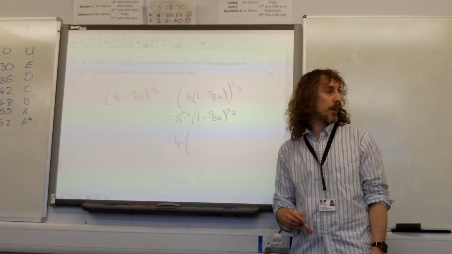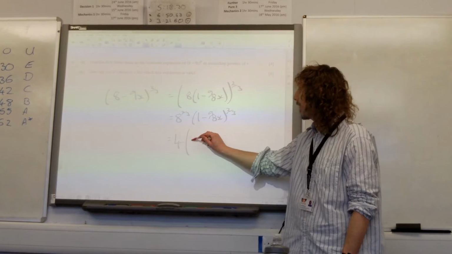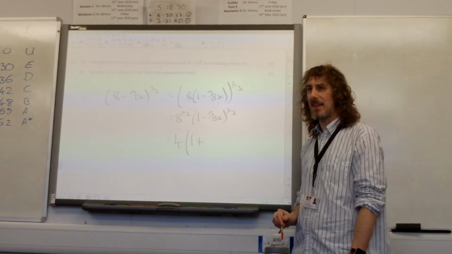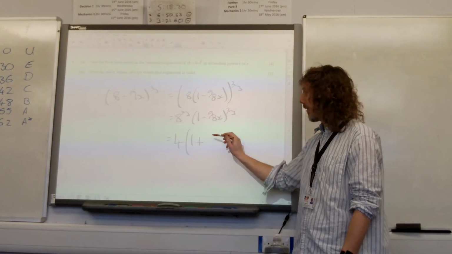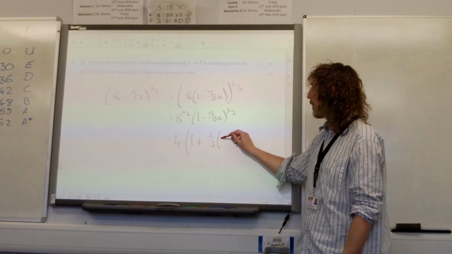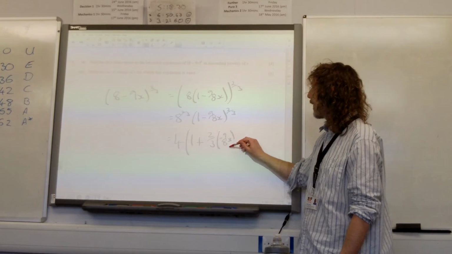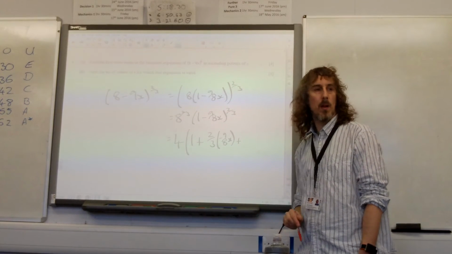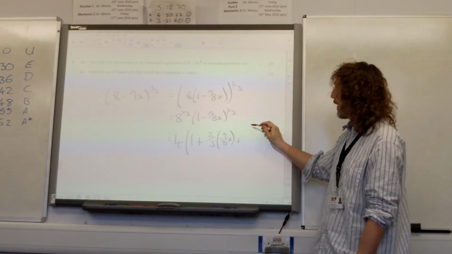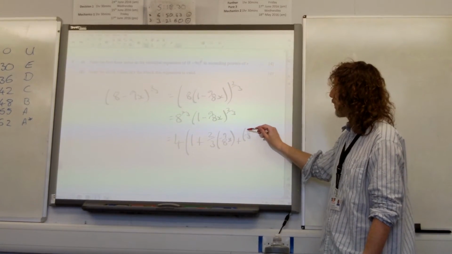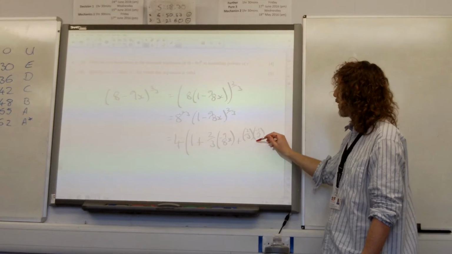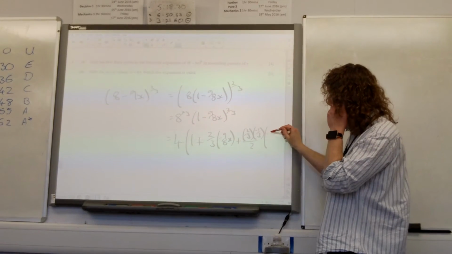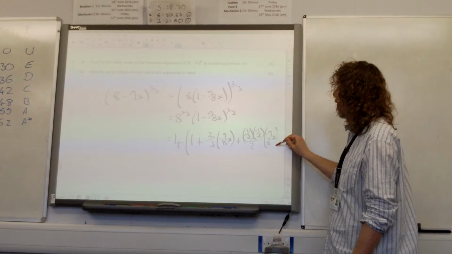Now we can do our binomial expansion, which makes it 1 plus n times x. So n times x would be 2/3 times minus 9/8 of x, plus n times (n minus 1) over 2 times (minus 9/8 of x) squared.